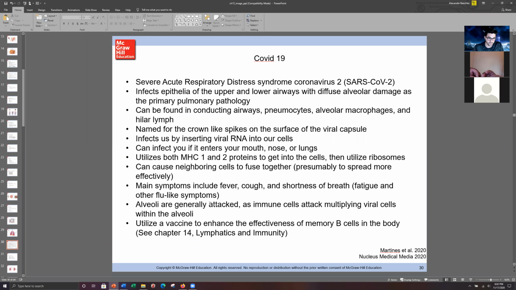And one of the reasons that this gets so out of hand so quickly is because we have generalized macrophages within our alveoli that patrol and neutralize various kinds of normal pathogens that can be found around there. But what this virus does is it's an immunodeficiency virus in a way. It ends up attacking immune system cells, so it limits our ability to fight off the virus effectively.